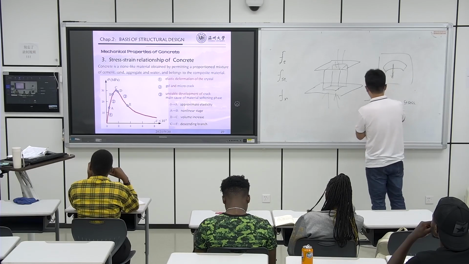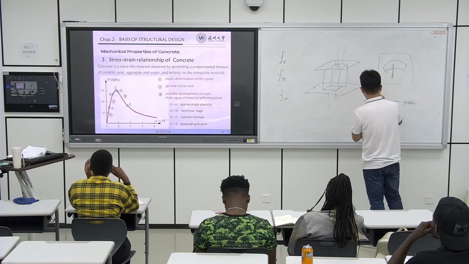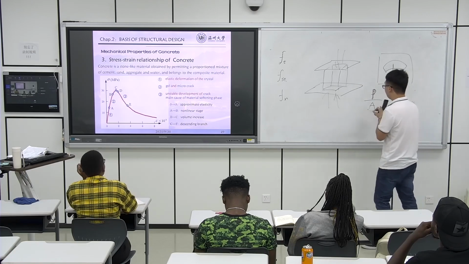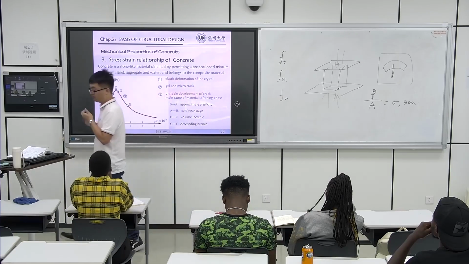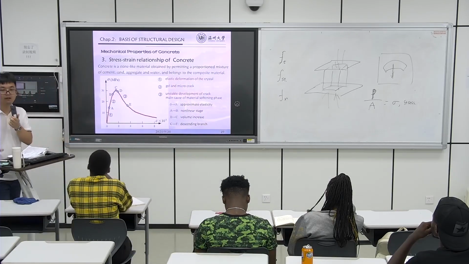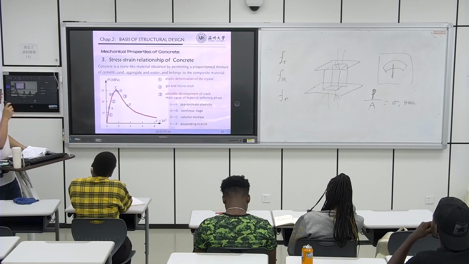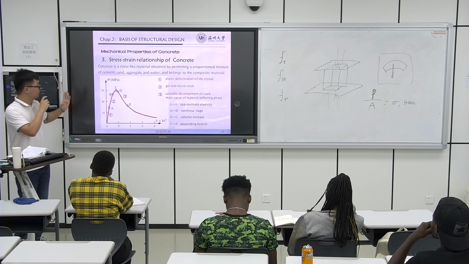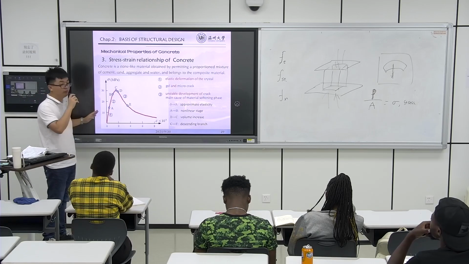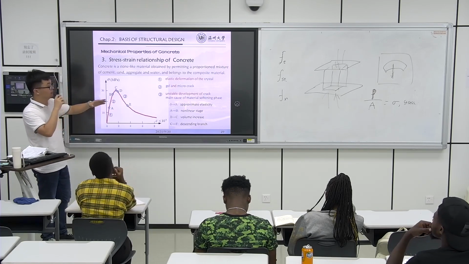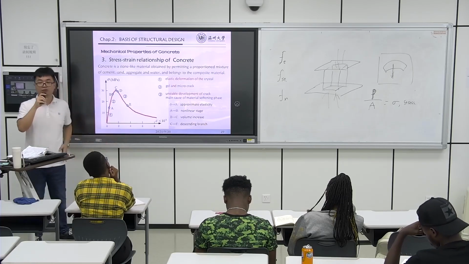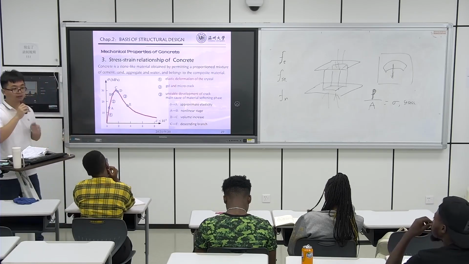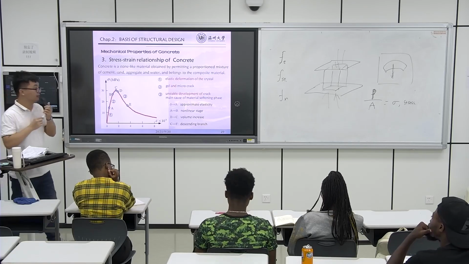Or we use P. From the machine, on one side, we record the force values, and we also test strain. With strain, we know the deformation divided by the size, the length.